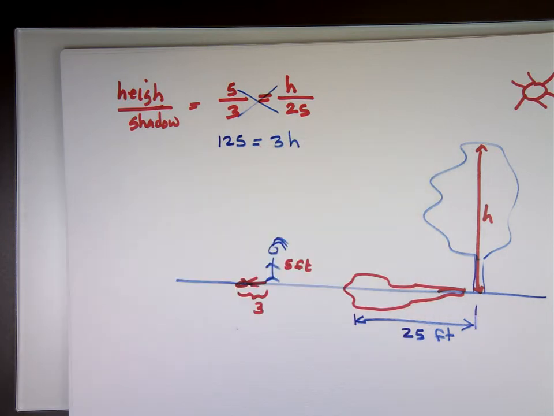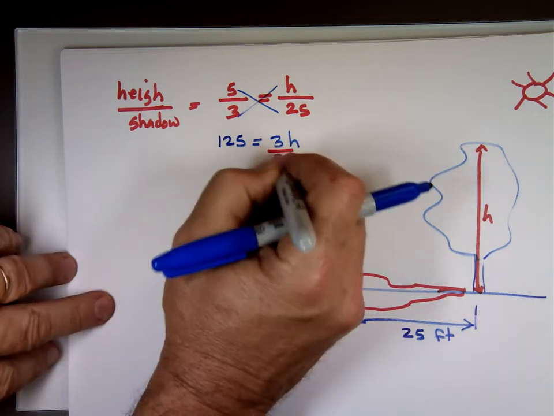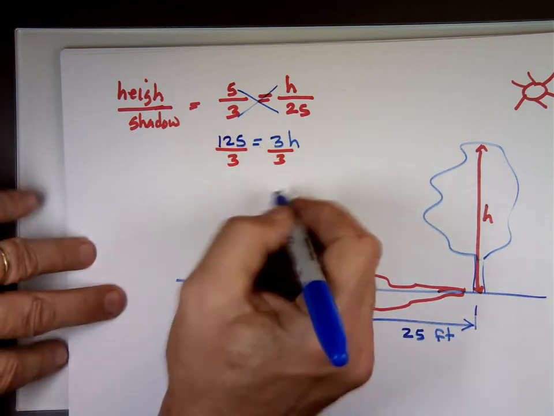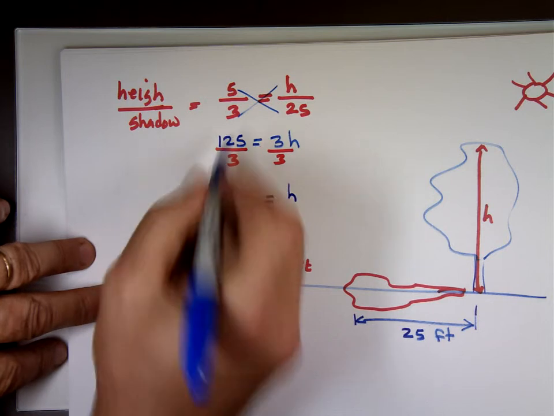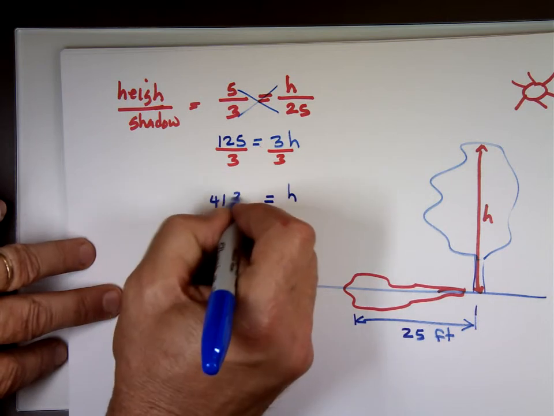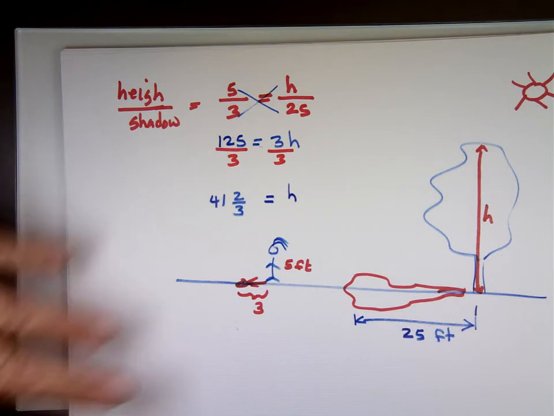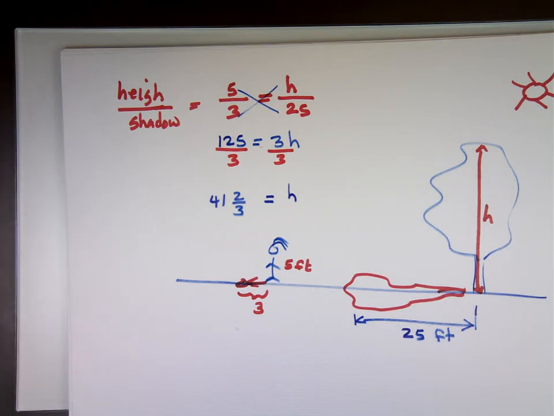So how do you find the height? Divide by 3. 41 2/3, if you divide them. That tree was 41 2/3 feet, almost 42 feet high.